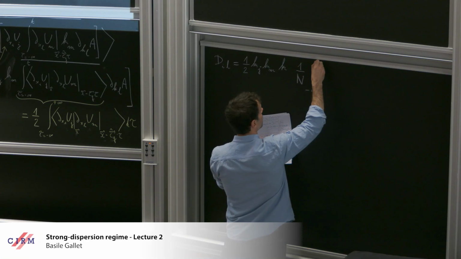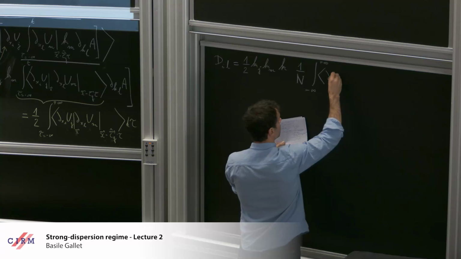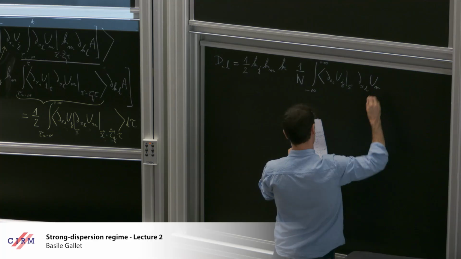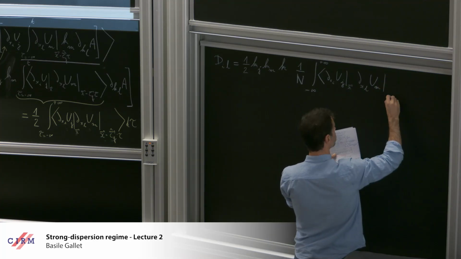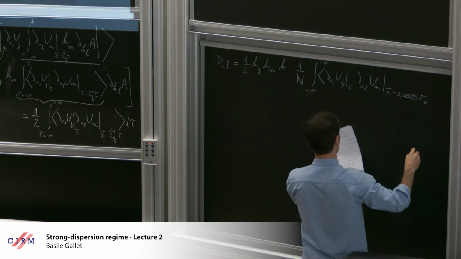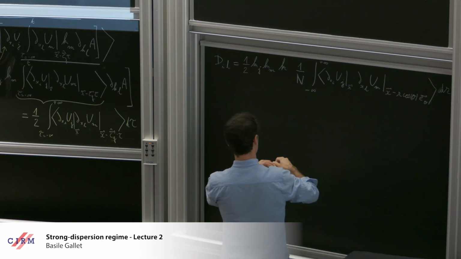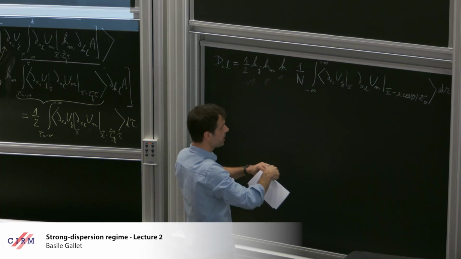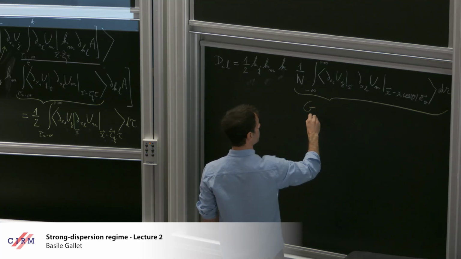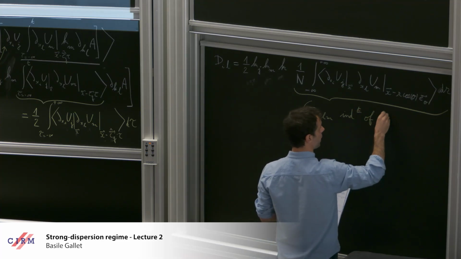And then there's the integral from minus infinity to plus infinity of dxi uj, dxl um of x minus r cos theta e theta dr. Right, so now I've isolated k. This is independent of k.